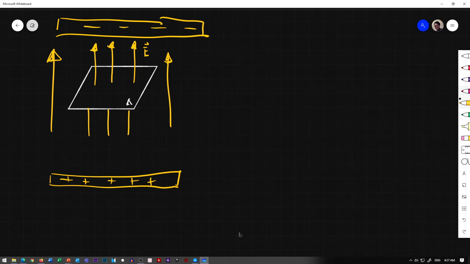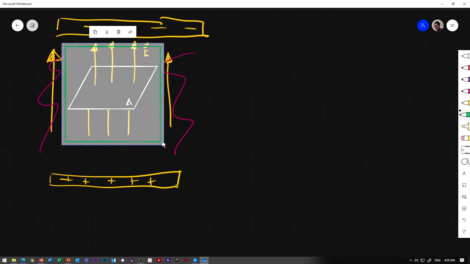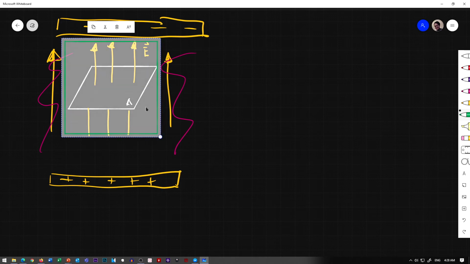But of course, the places here are not our concern, because electric flux only deals with the electric field that passes through a surface. So only the area where there's the paper. Got that?